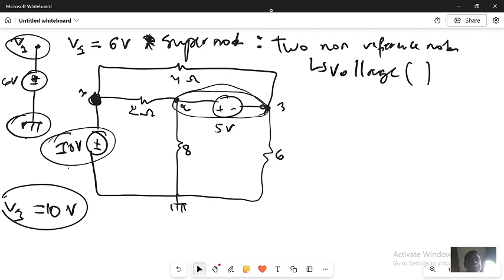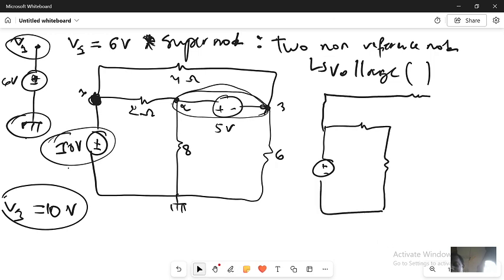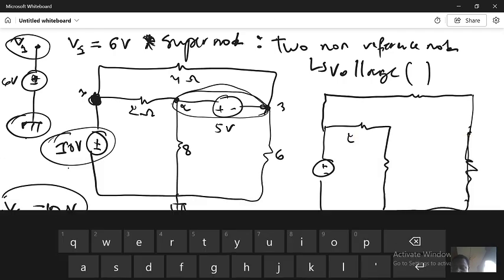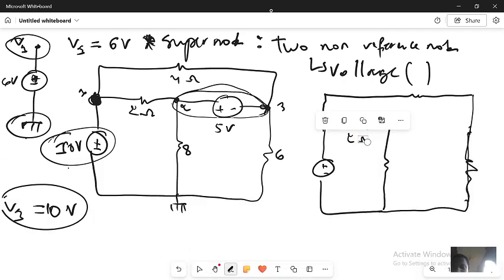Now, to solve this one, we'll remove the supernode, and we will use KCL for both nodes. How? Let's see, like this. I have this voltage source, I have the 2 ampere here, and I have 8 here.